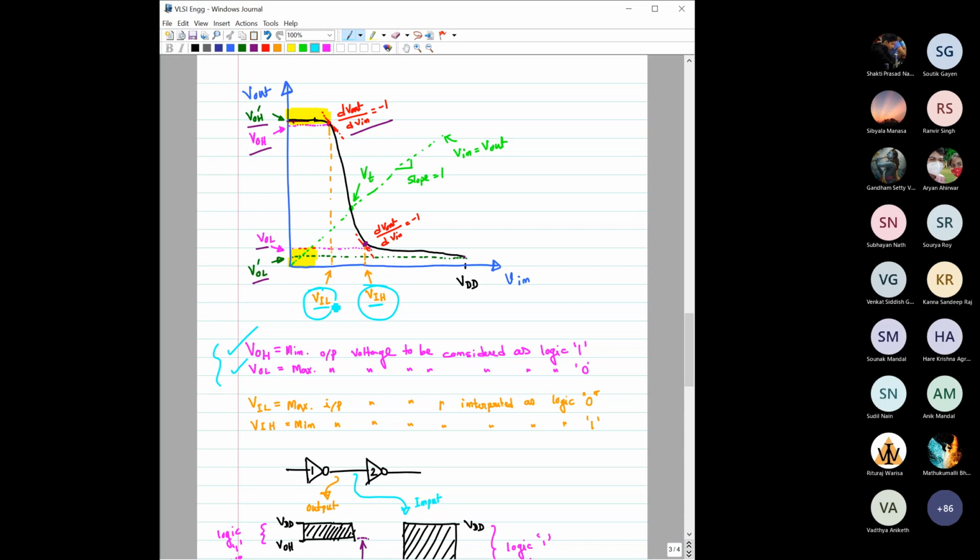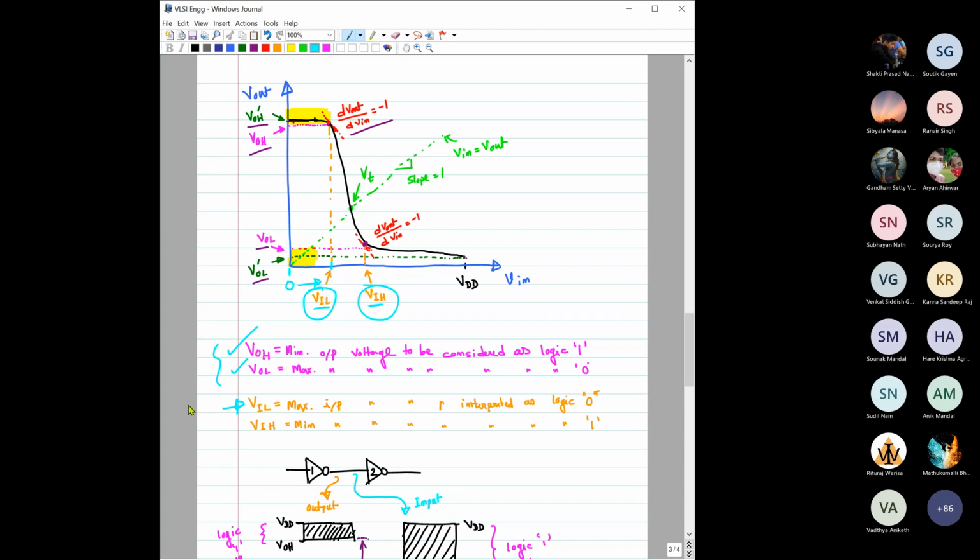So VIL is the maximum input voltage that can be interpreted as logic 0 in the input. That means any voltage from 0 on the input side to VIL is considered as logic 0.